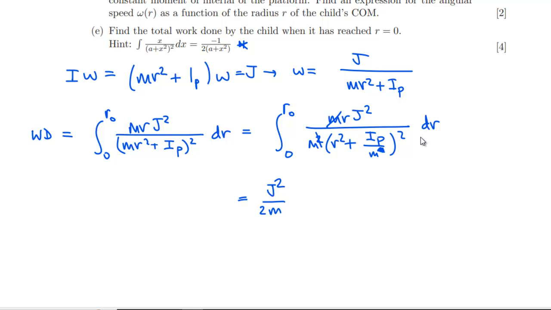And then, oh, it's actually done the whole integral. Right, even better. So we're going to have 1, let's put the minus outside, over, I've put the 2 outside already. So we've got a plus x squared, so that would be r squared plus IP over m. Right, and we need to evaluate that between R0 and 0.